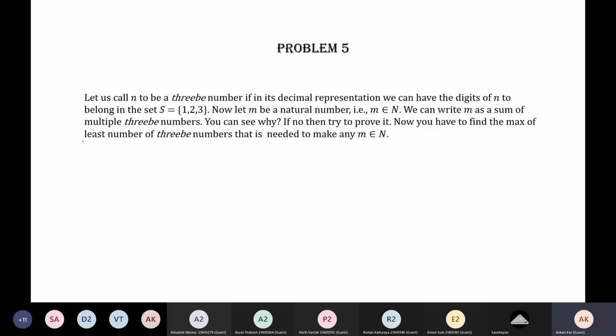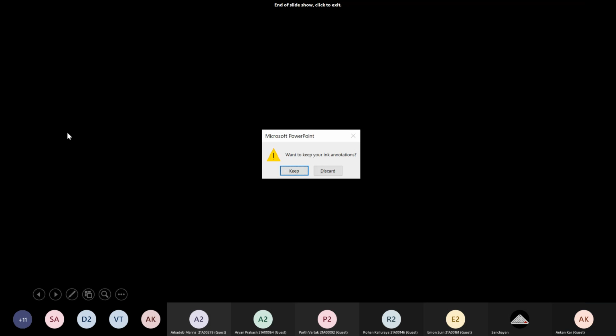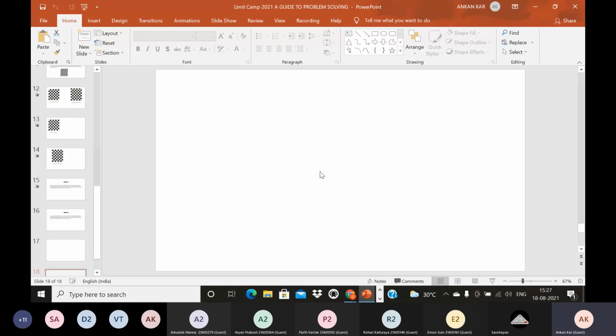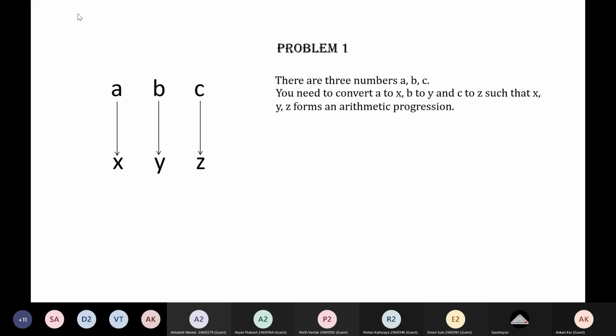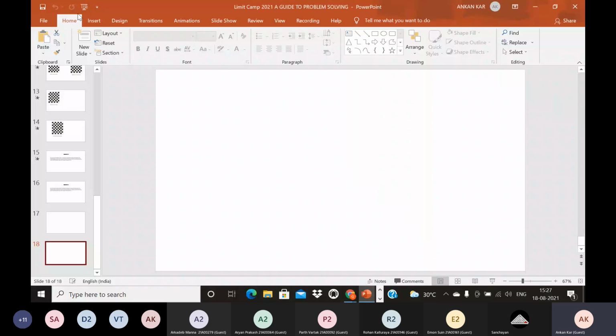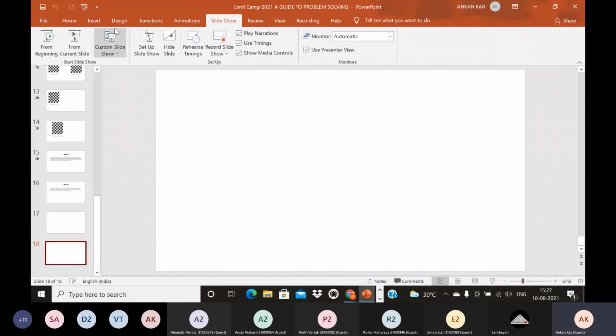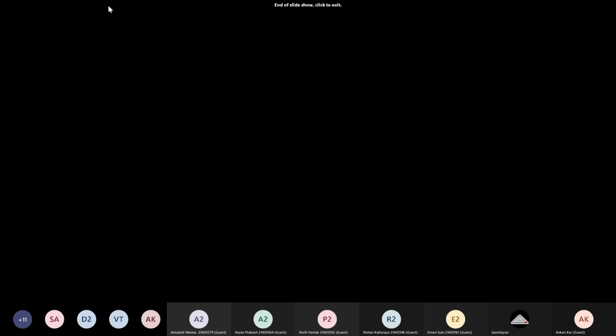There are some puzzle games, and you can check them. Okay.